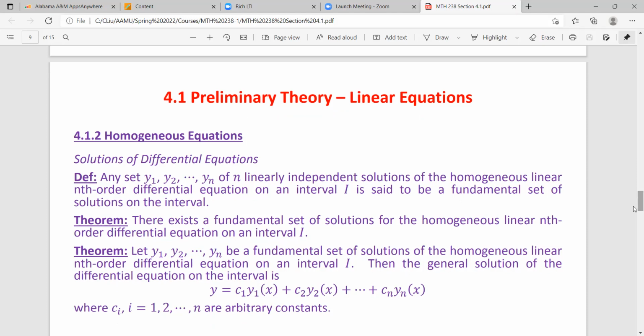So we're going to have a definition here. It says any set y1, y2 to yn of n linearly independent solutions of the homogeneous linear nth order differential equation on the interval I is said to be a fundamental set of solutions on the interval.